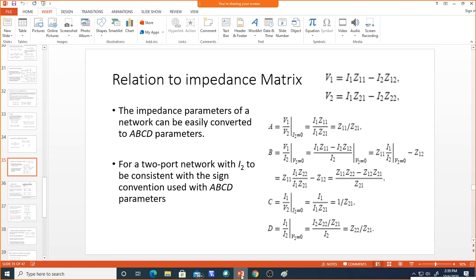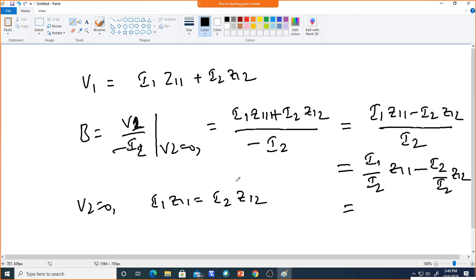It is saying I2 Z21 equal to I2 Z22. So this is what you replace here.